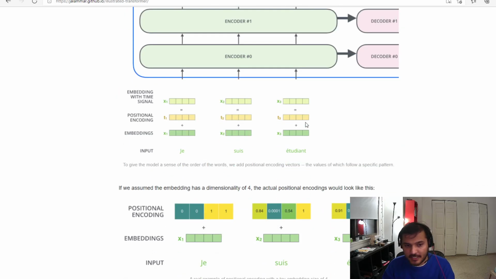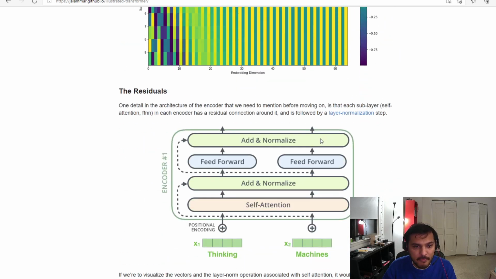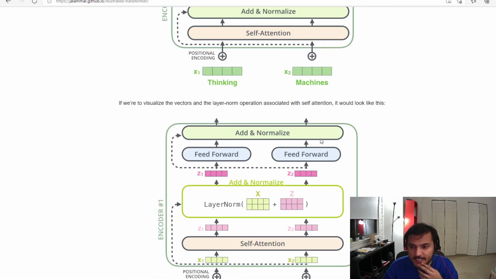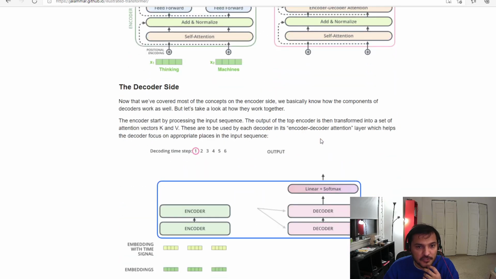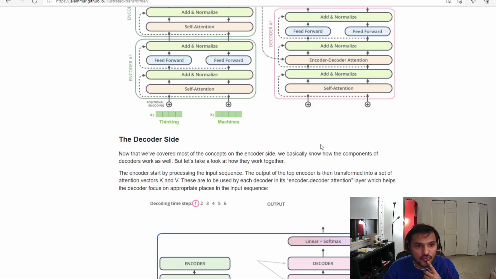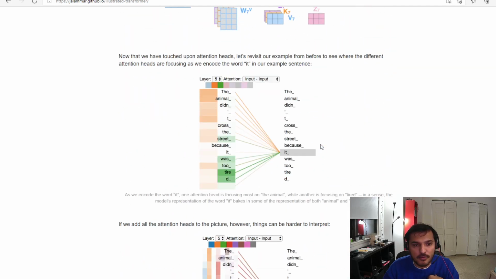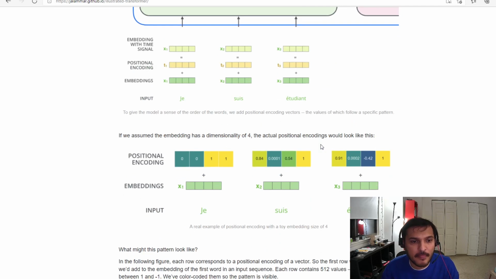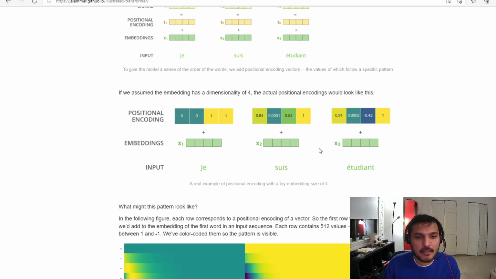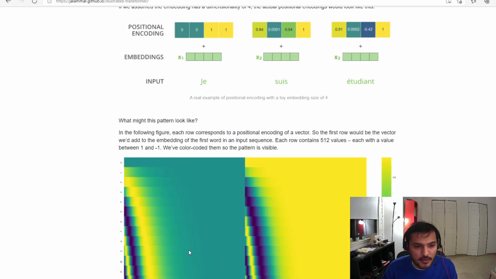Now there is this thing about positional encoding, which, let me see, how do I want to approach this?